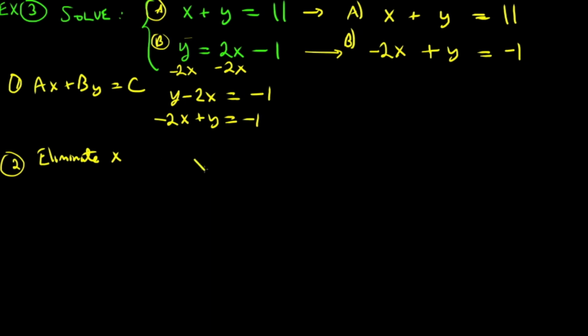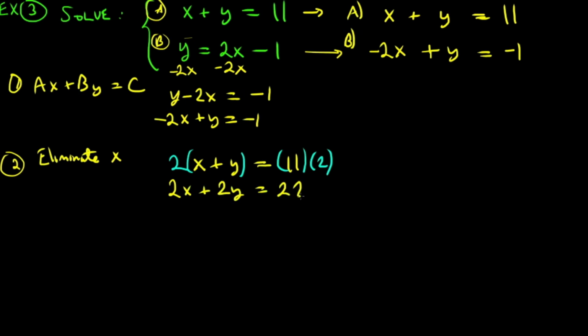So here's equation A, x plus y equals 11. And just multiply both sides by 2. Okay, why 2? Well, to cancel the negative 2 in equation B, right? So when we do that, we get 2x plus 2y equals 22.